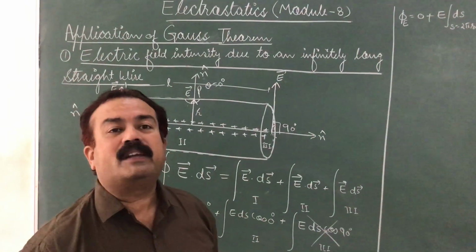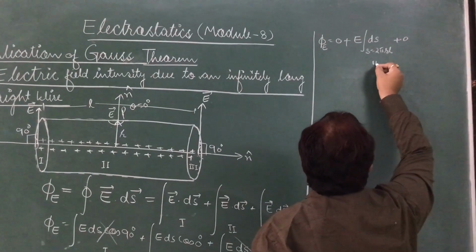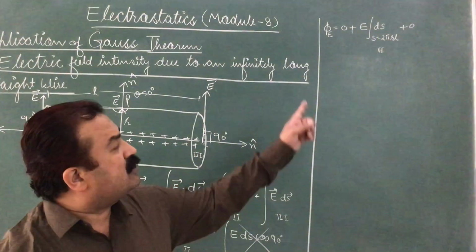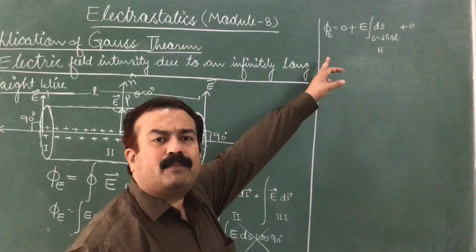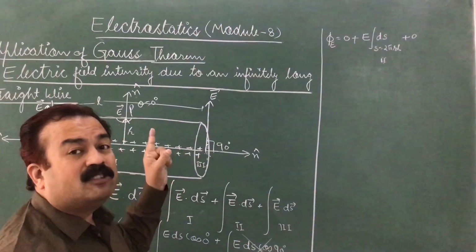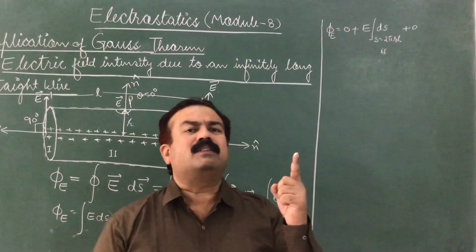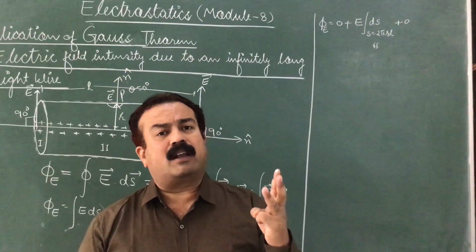That you already know, you have done in your previous classes. So this is 2 pi RL, and then it is 0. This is due to the second surface, and for the rest of the surfaces the electric flux is 0. So from this expression, we understand that the total electric flux due to an infinitely long straight wire is due to only the second surface, as the first surface and third surface are not contributing to the total electric flux.